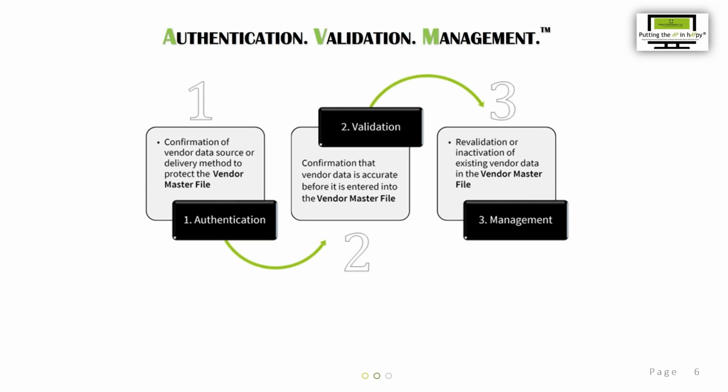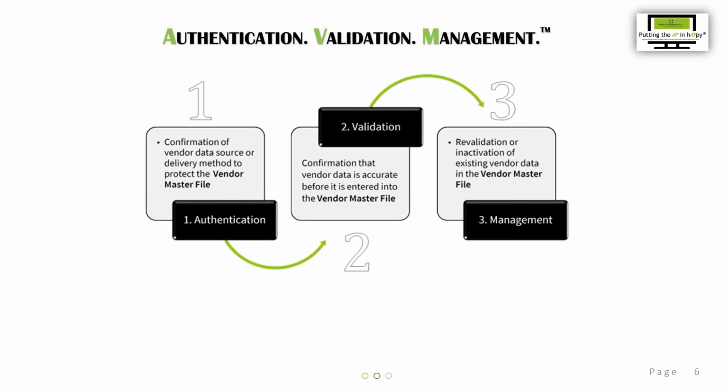The delivery method can be email or vendor portal or fax or even hard copy. So if you have a vendor self-registration portal, you would rely on the delivery method to confirm, since the login requirement authenticates the data source. If you, however, are still relying on email, fax, or hard copy, then you want to authenticate the data source.